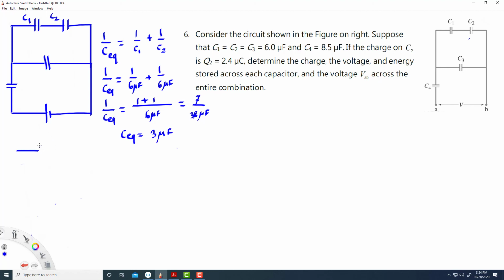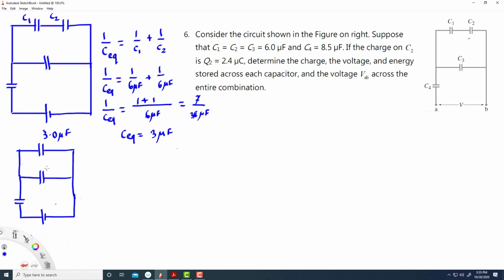So now we can replace these two by 3 microfarad. Okay, so you can rewrite the circuit diagram, but this time replace the upper two capacitors by 3 microfarad. So this one is 3 microfarad.